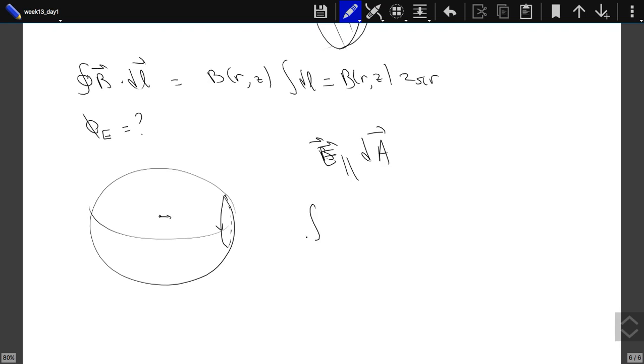We have to evaluate phi E, which is just E dot dA. On the surface, the magnitude of the electric field is constant. It is 1 over 4 pi epsilon 0 Q over R squared dA.